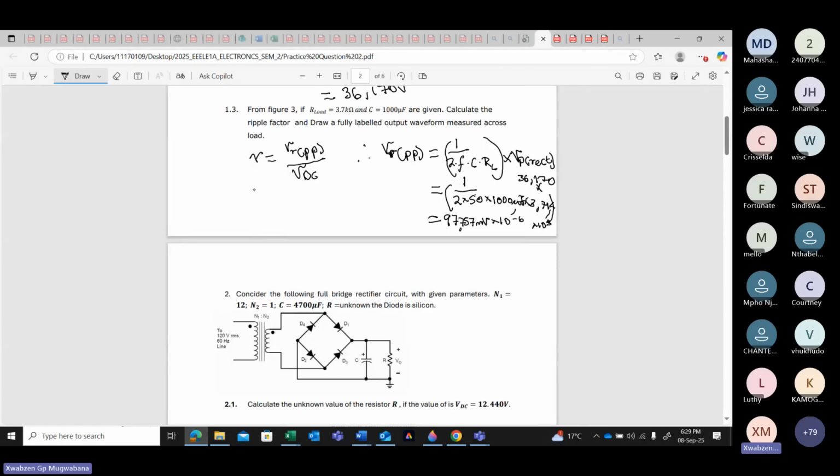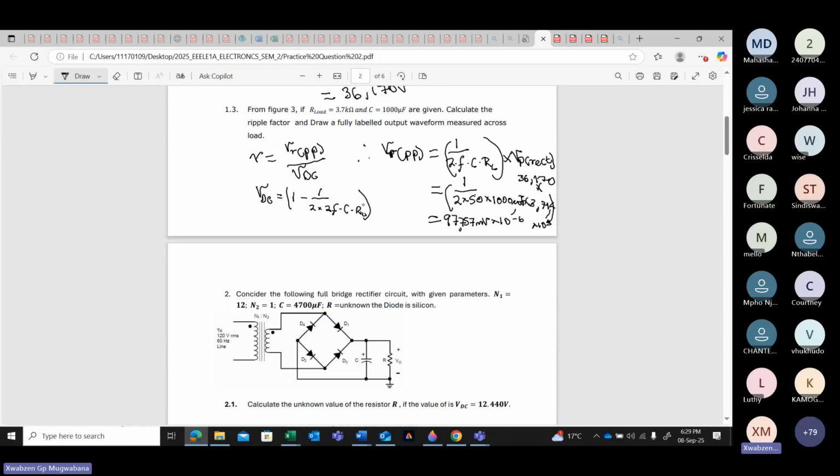If you want to calculate your VDC, it will be given by 1 minus 1 divided by 2 times 2 of the frequency, or double the frequency, multiplied by your capacitance value multiplied by your load resistor.